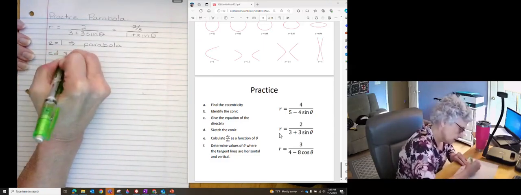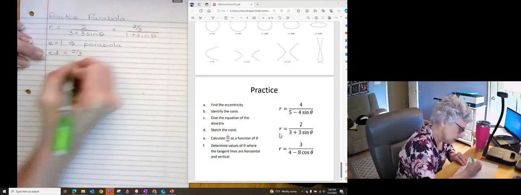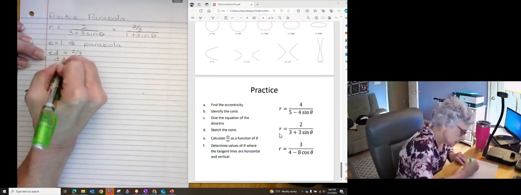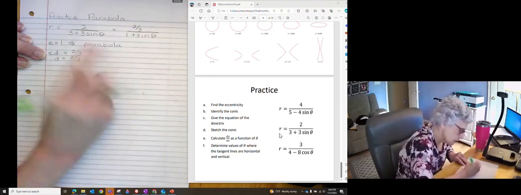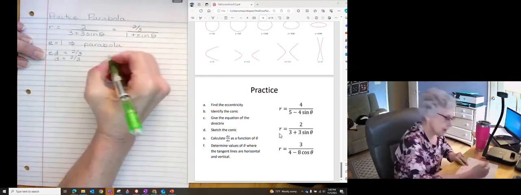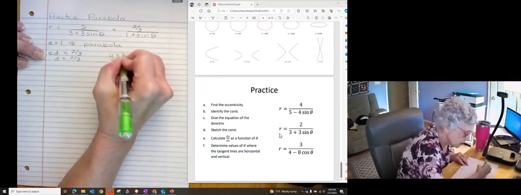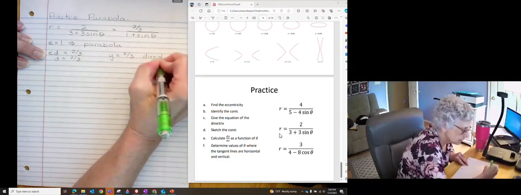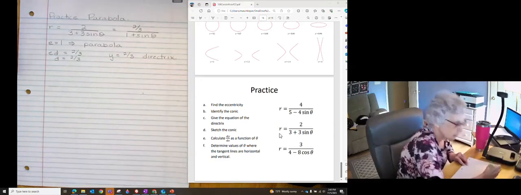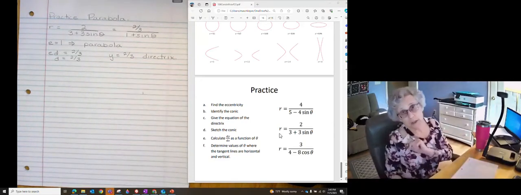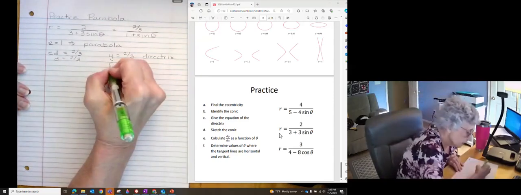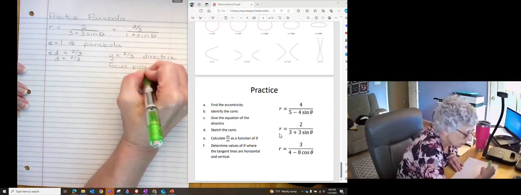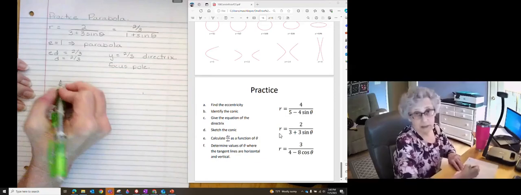E times d is equal to 2/3, but my eccentricity is just equal to 1, so d is equal to 2/3. I have sine, and it's positive, so y equals 2/3 is my directrix. Parabolas only get one directrix and one focus, so it has a focus at the pole, and that's its only focus.